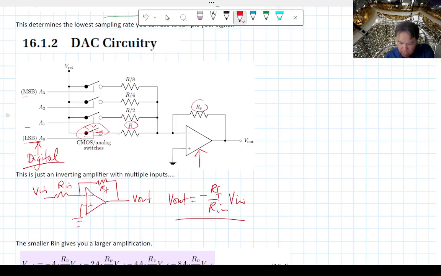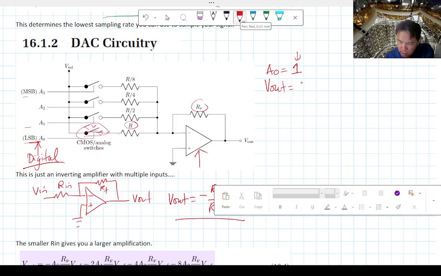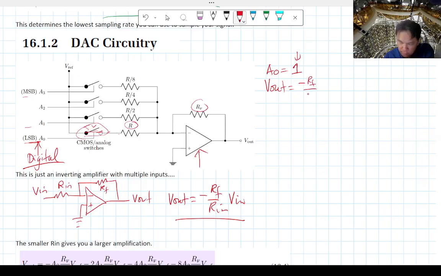So basically, whatever the ratio of RF over Rin is, you will get an amplification of that. So Vout, if A0 is on, equal to digital 1, then Vout will be negative RF over Rin times Vref, because that's the reference voltage we're connecting to.